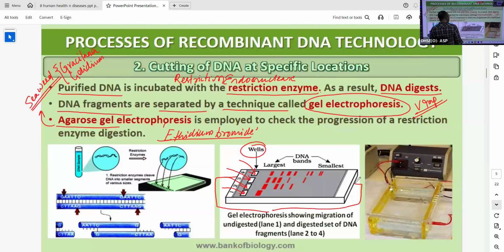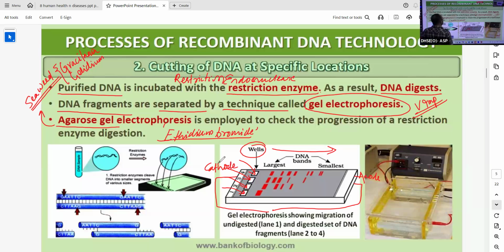One thing you must know is that DNA is negatively charged, so the fragments are also negatively charged. They will always move towards the opposite charge, so they move towards the positive charge. They slowly move towards the positive electrode. So this is the anode, this is the cathode.